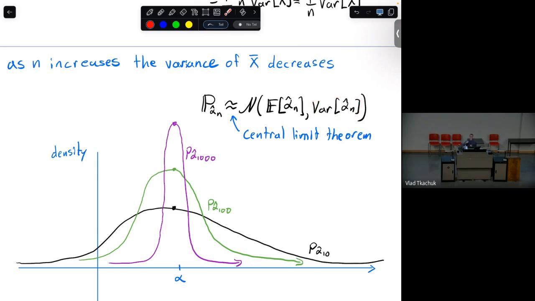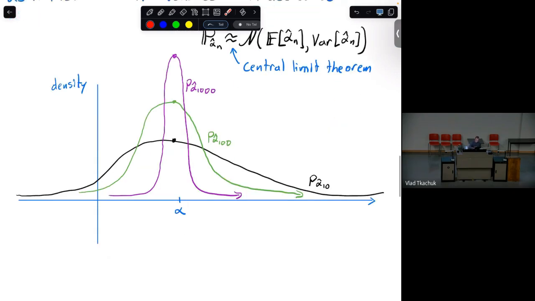And the way we see this through the density is as follows. What is the probability of something? It's the area under these density curves, right? So for when n is much larger, the probability that this random variable, alpha hat with some n value, is something much larger than alpha, which would be over here, is very small. There's a very small area under the density farther away. And there's a very large probability in this area.